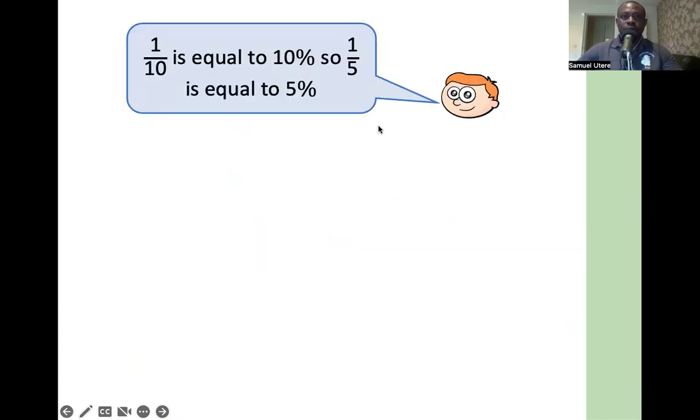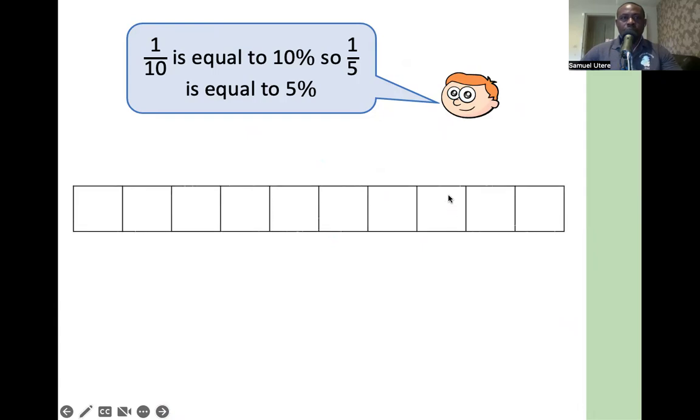Here is another example. Here, let's call him Charlie. Charlie says 1/10 is equal to 10%, so 1/5 is equal to 5%. But is it really true? Have a think. Is he wrong or is he completely right? Let's investigate it. 1/10 means 1 shaded out of 10 squares.